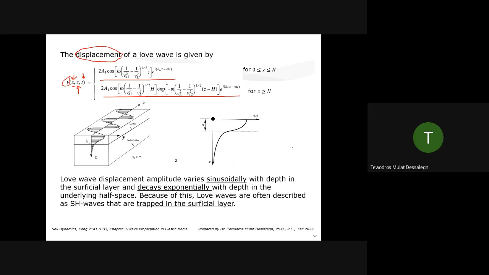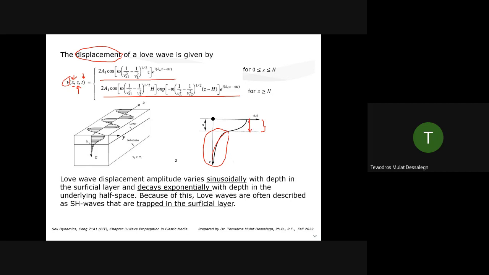So Love wave displacement amplitude varies sinusoidally with depth in the superficial layer, which is the superficial layer we are talking about, and decays exponentially with depth in the underlying half space. It decays exponentially, which means it disappears after some depth. So most of the energy, 90%, 80%, is within that soft layer. It's a trapped energy.